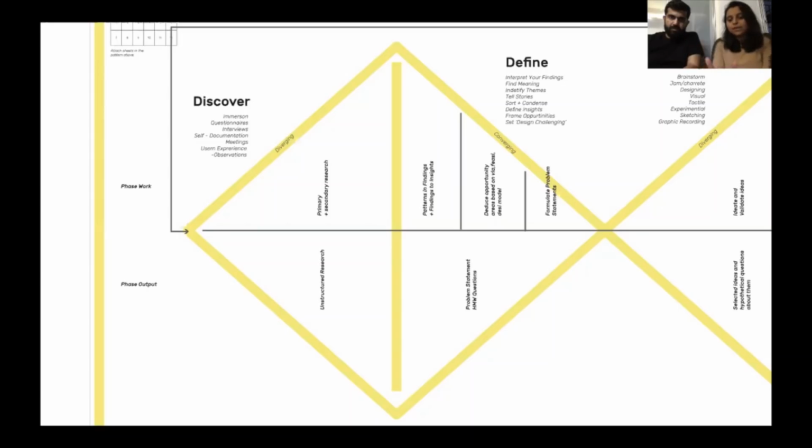Primary research in design is always with a person sitting in front of you, your potential user or a target audience. It can be the stakeholders, it can be your users, it can be somebody on your team, but there is a person, there's a human involved. That is, human-centered research is always considered primary in designing.